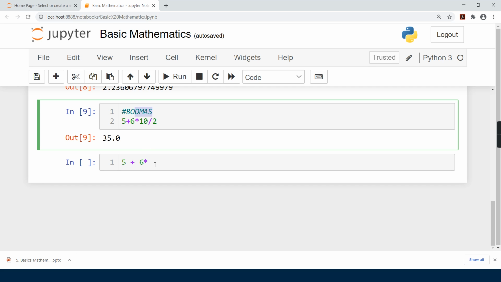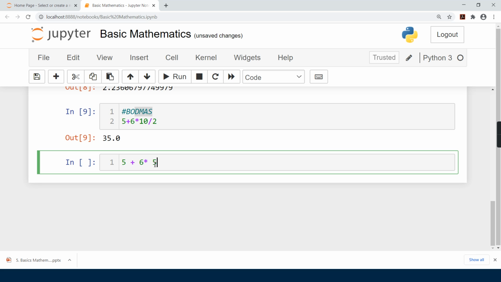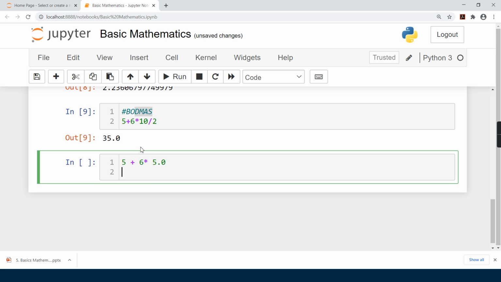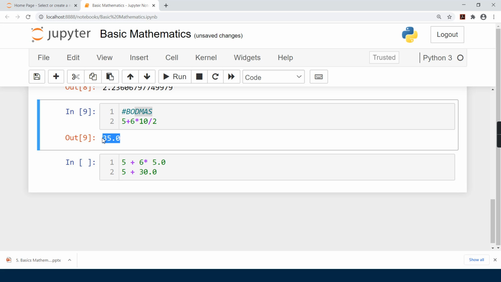So 10 divided by 2 is nothing but 5. The next thing it is going to do is multiply these two numbers. So here we have 5 plus 30.0. That is how we are getting the value as 35.0.